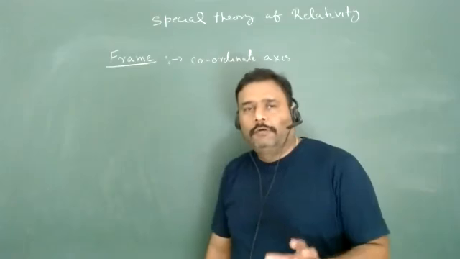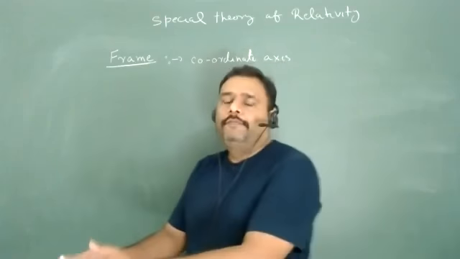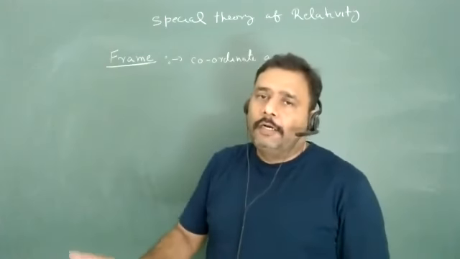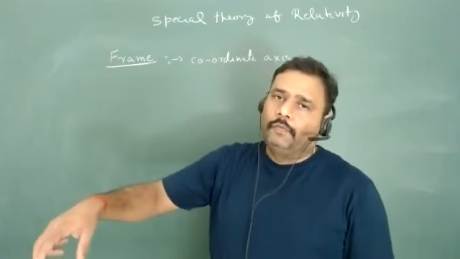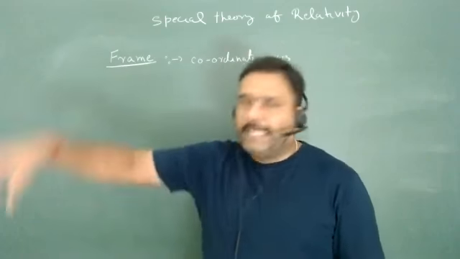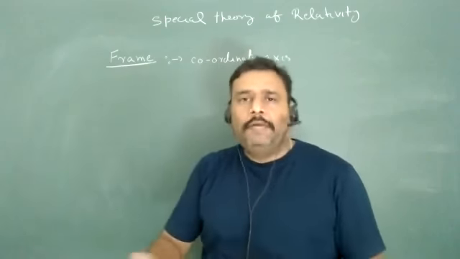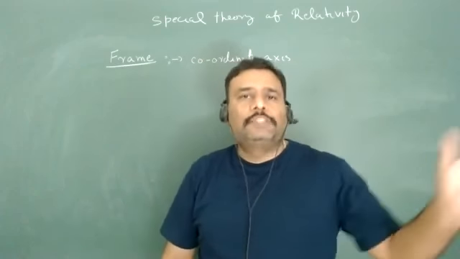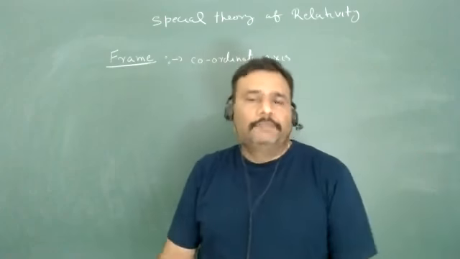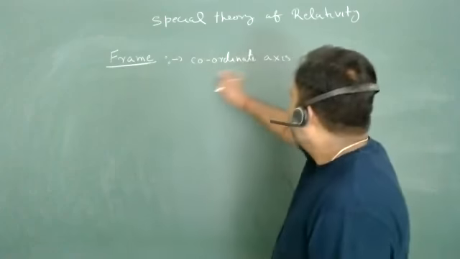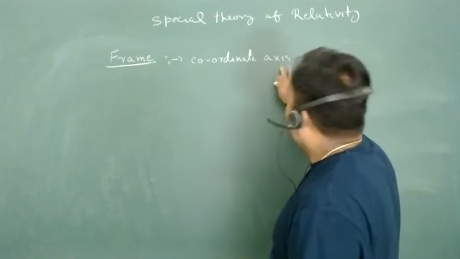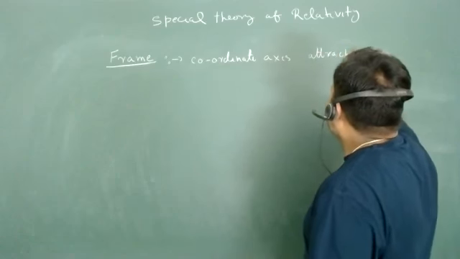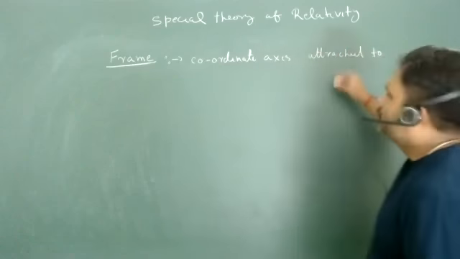Suppose I am at rest in the frame of a train. That means I am sitting at the origin of one coordinate system that is attached to the train. So you have n number of coordinate systems, and every coordinate system is attached to some frame. You can visualize something like this: there is a coordinate axis, and this coordinate axis is attached to some frame.